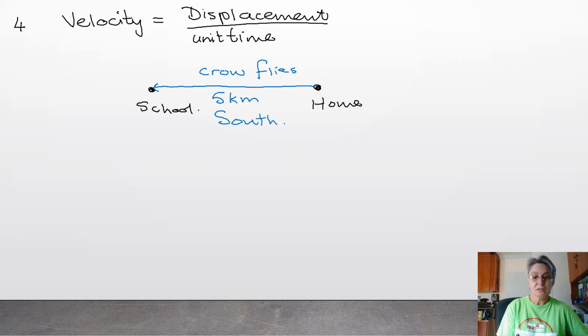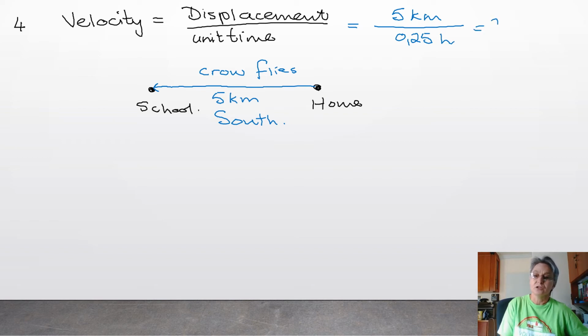So velocity is used to taking the displacement and dividing it by time. So my displacement is 5 kilometers, and I take 15 minutes, which is a quarter of an hour.